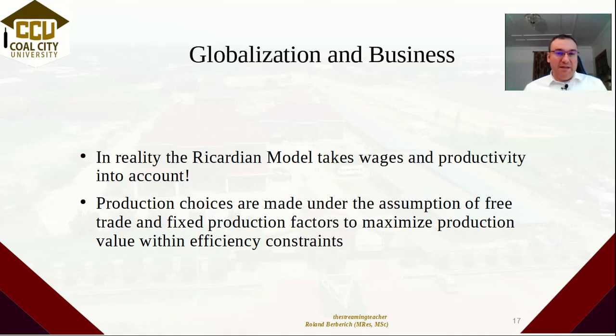Now, in reality, the Ricardian model does take wages and productivity into account. I need to forewarn you of that. The production choices that are being made are made to maximize production value within the constraints of our efficiency, within the constraints of our availability and ability, with fixed production factors.